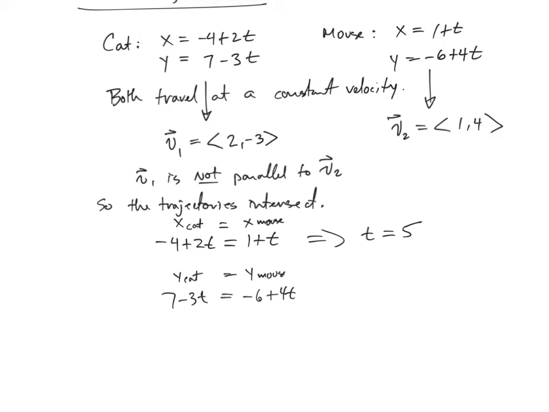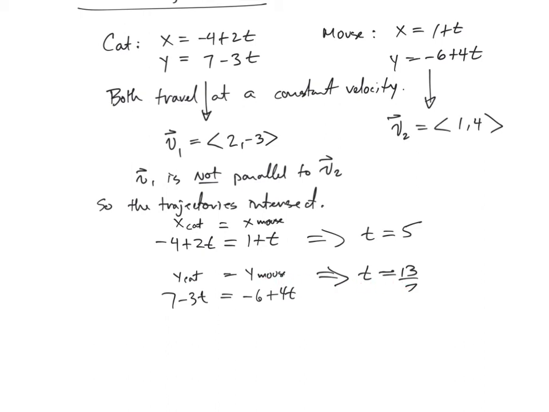And if you solve it for t, we get t equal to 13 over 7. Okay, well that's not 5. Which means that the cat's x-coordinate and the mouse's x-coordinate are equal when t is equal to 5, and the y-coordinates are equal at a different time, t equal to 13 over 7.